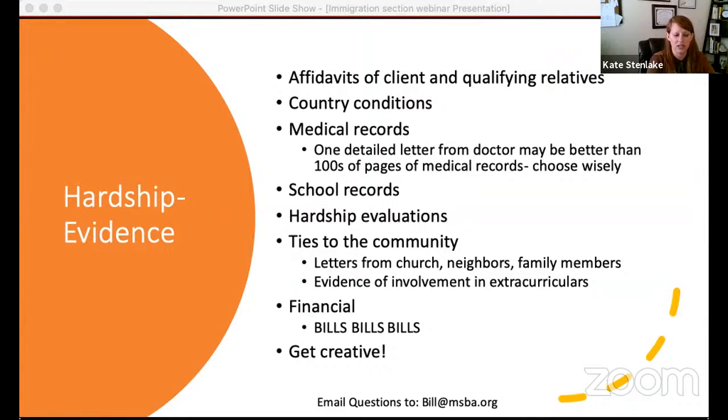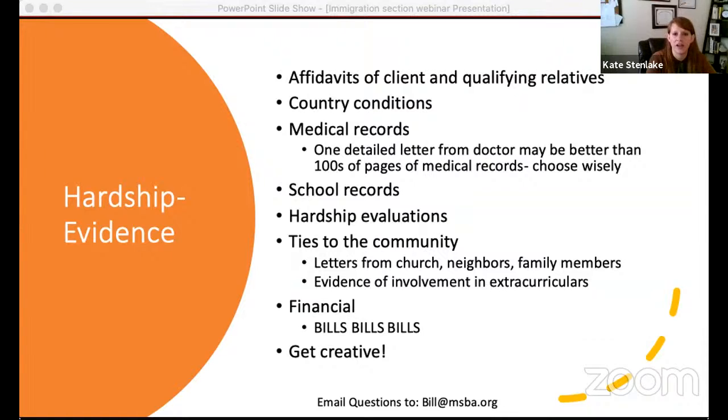And then you can explain why, if, for instance, the client had to return to their home country, their lives would change. And if they had to go to the home country, how their lives would change and why it's just not possible. You'll want to provide country condition evidence, especially depending on where the client is from, if it's a country with a lot of crime or poverty, lack of job opportunity, lack of schooling.